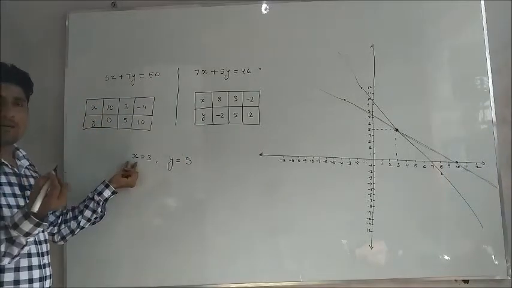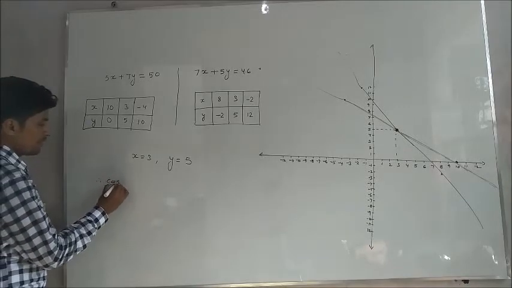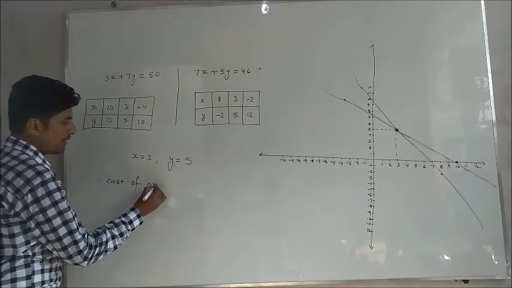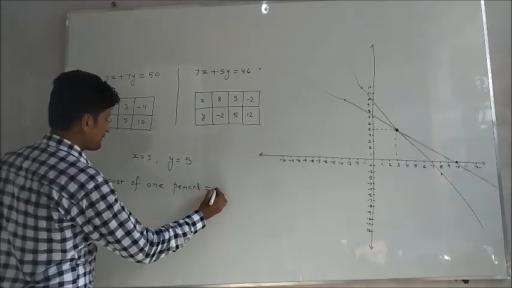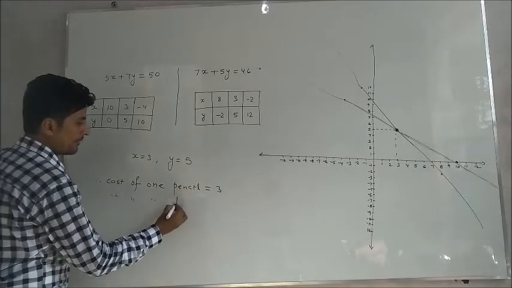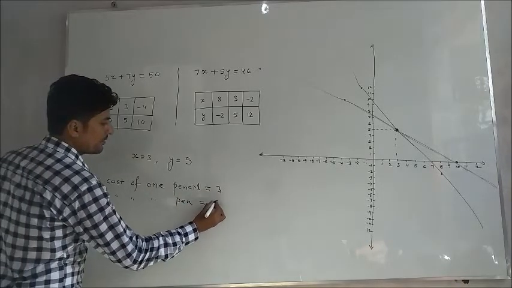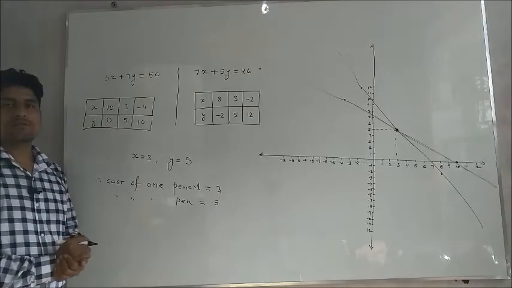X was the cost of one pencil. Hence we can write the cost of one pencil equals rupees 3, while the cost of one pen equals rupees 5. So this is the solution for this question.